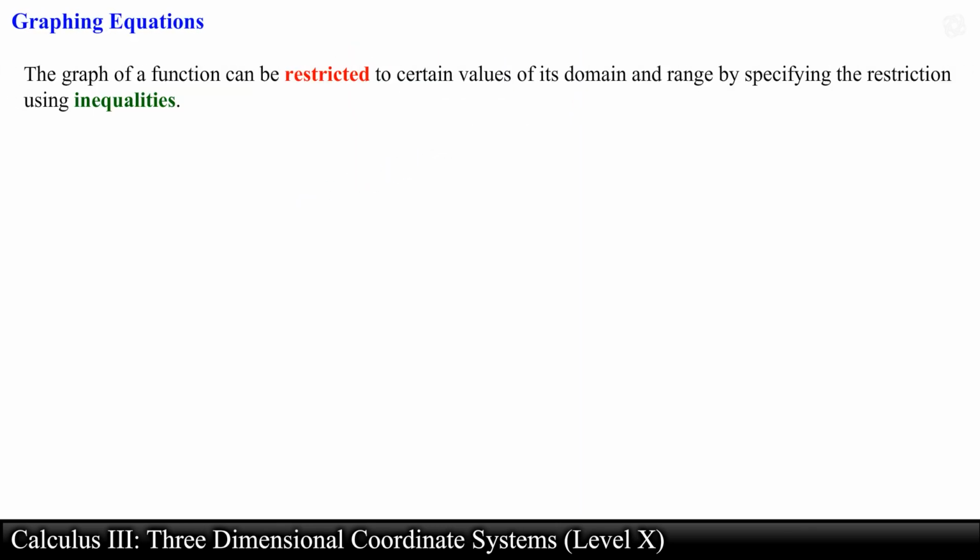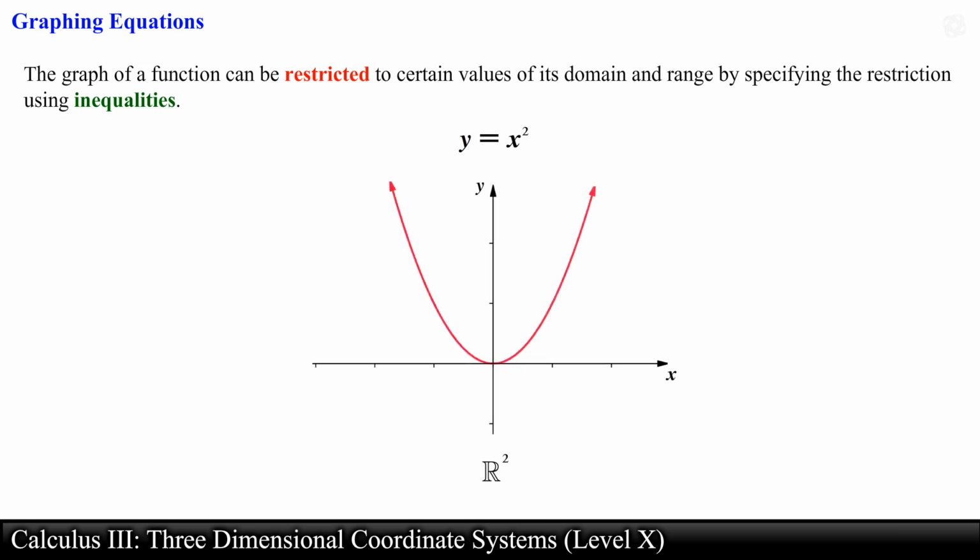Recall from your prior math classes that the graph of a function can be restricted to certain values of its domain and range by specifying the restriction using inequalities. For example, if we were to graph the equation y equals x squared in R squared, it will look like this. It's essentially a parabola that attains a minimum value at x equals 0. Now, say that I only want to graph this equation starting at x equals 1 to positive infinity, as follows.